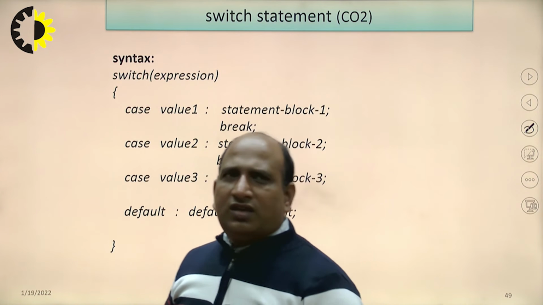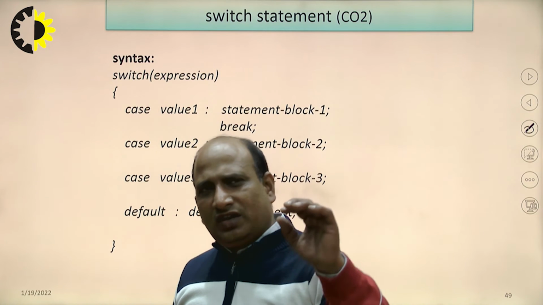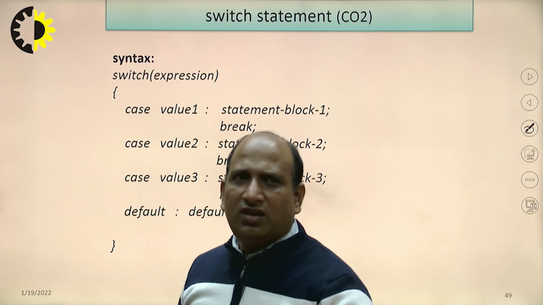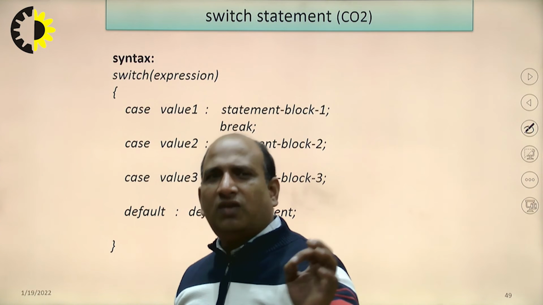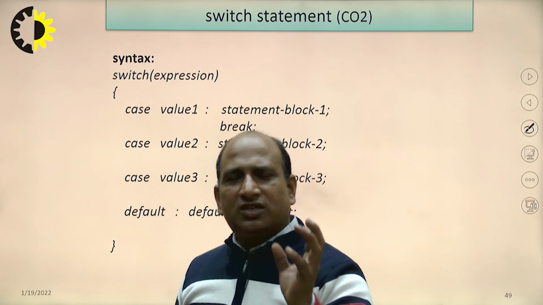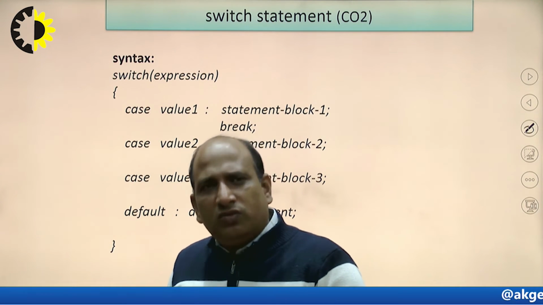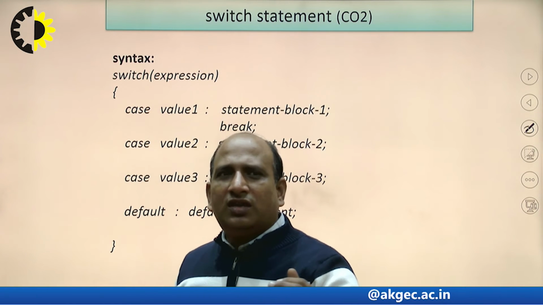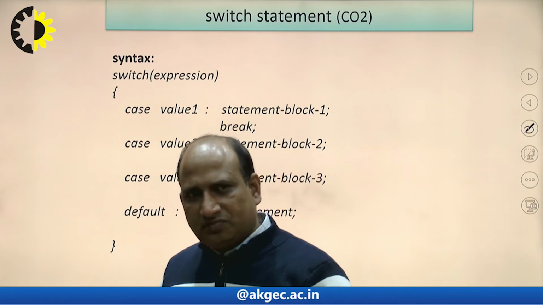Here the expression is evaluated, and if the value of the expression is value 1, control will go to case value 1 and statement block 1 will execute. If the expression evaluates to value 2, control will come to case value 2 and statement block 2 will execute and control will break.